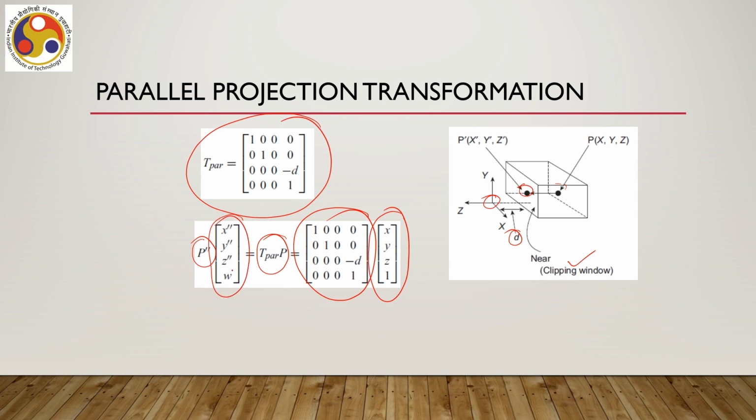However, here we have this homogeneous factor W, which is typically not equal to 1. So, to get to the Cartesian points, we need to divide the obtained coordinate values with this homogeneous factor. To get the Cartesian value along the x direction, we divide the corresponding vector value by the homogeneous coordinate. Similarly, for y and z, we need to do this additional computation.